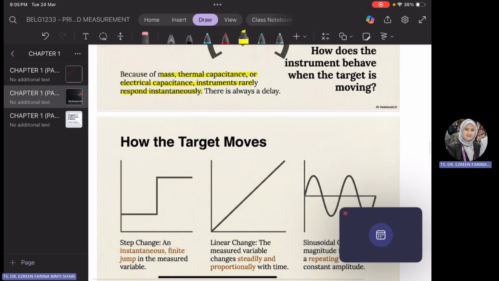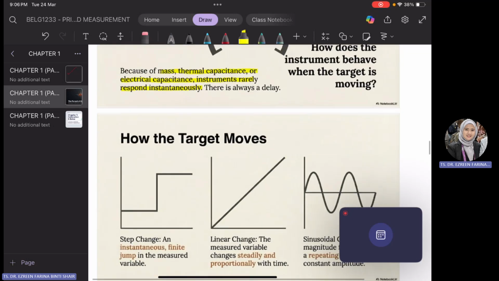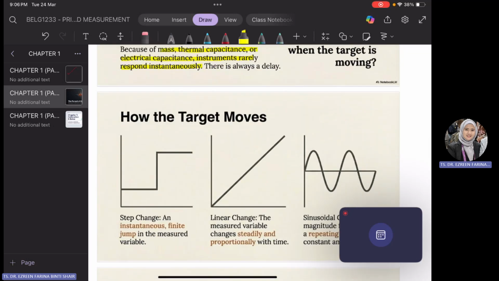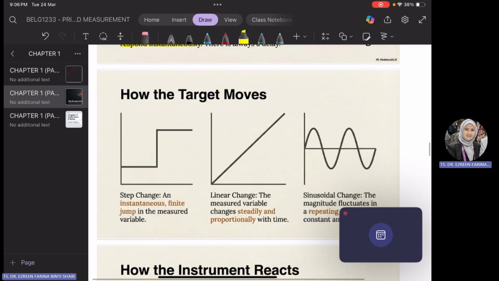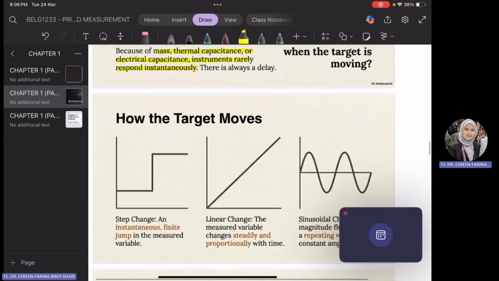So how does this target actually move? For dynamic measurement, the value can move in three ways, which we call the variations in measured quantity.